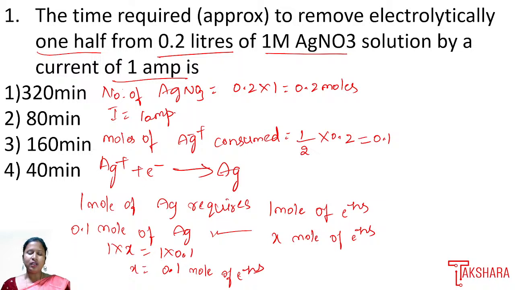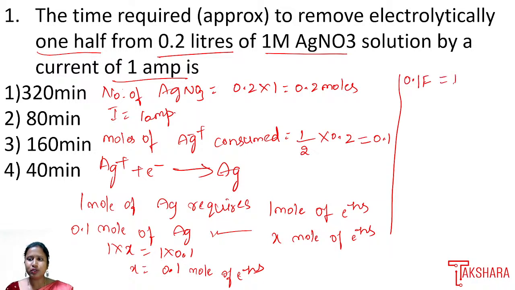Now 0.1 Faraday is equal to I into T. The charge is 0.1 Faraday, which is equal to I into T, where the current given is 1 ampere, and time we need to find. 0.1 F is nothing but 0.1 into 96,500, which is equal to 1 into T. So T is equal to 0.1 into 96,500 divided by 1.